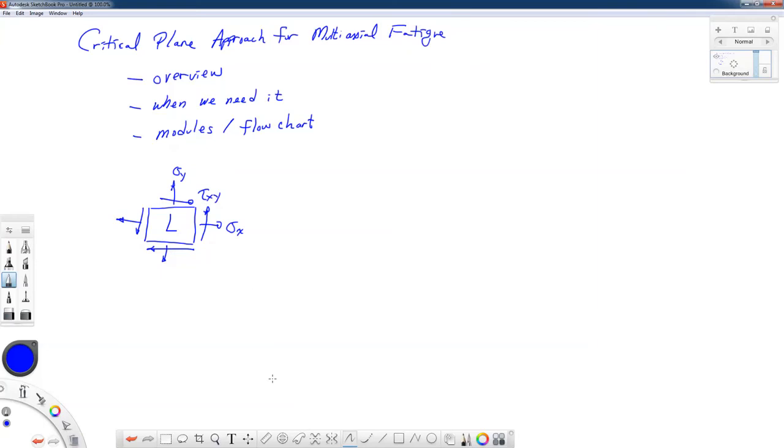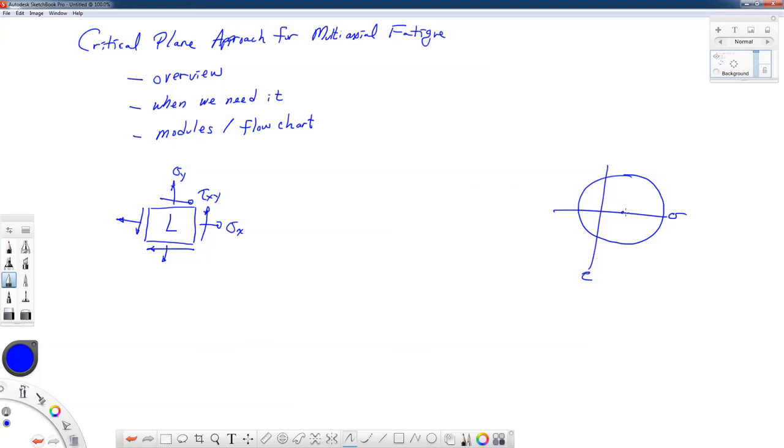Now, if we were thinking of this in a static stress analysis situation, we would take this stress state and maybe construct a Mohr circle. Let me draw that over here. We have our sigma and tau axes, and I'm going to draw a circle, and then I'll put the dots in for it here in a moment.